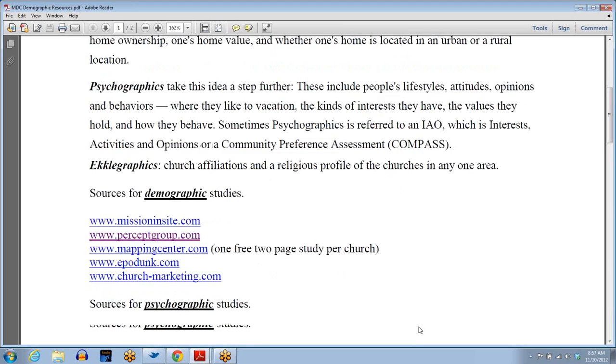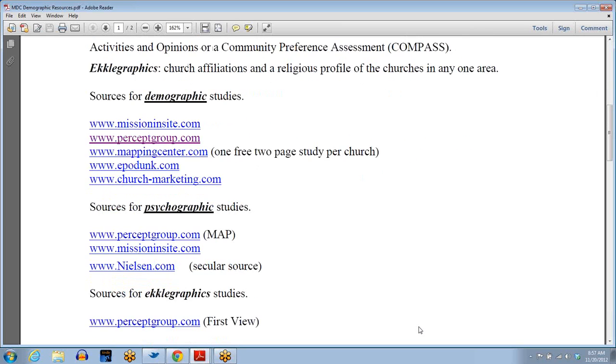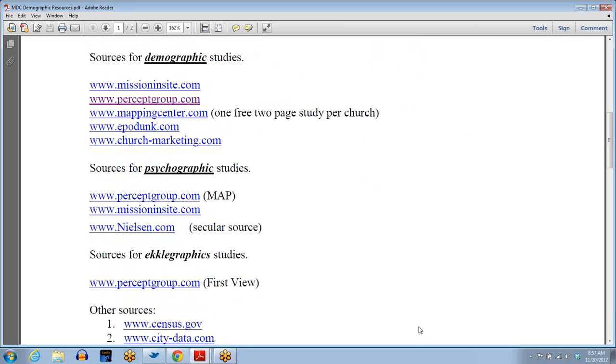They can't provide it for free. Psychographics, you're going to get them from Percept Group, Mission Insight, and then there's a secular source of Nelson that you can go to. And Percept Group, First View, the one I've just mentioned, that's the only place I know of for you to get much ecclesiographics, and then it's just a list of where the churches are in your area.